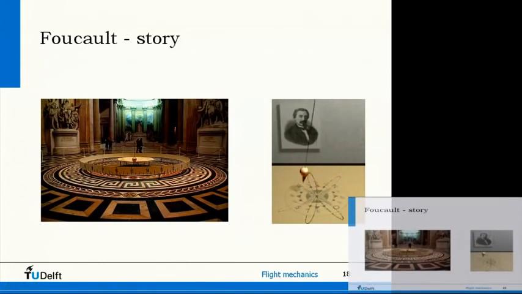But the idea is that if you were, let's say, on the North Pole, if this is the Earth, and it's rotating around like this, and you put some device here with a pendulum which is going back and forth, then as the Earth is rotating around, you would notice that if you wait long enough, you actually see what's on the right here.